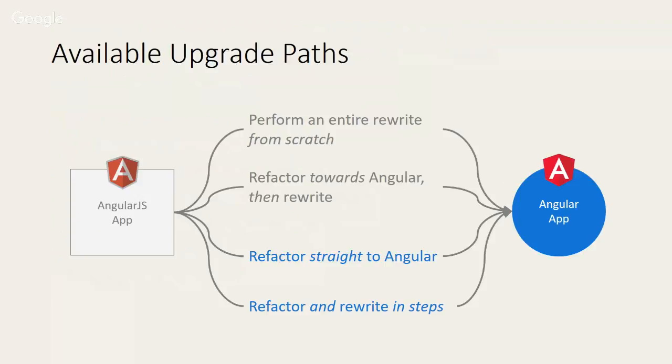And then the last option would be to refactor that existing AngularJS project and rewrite it in steps by introducing some Angular concepts and some Angular code into our existing AngularJS code base. So those last two paths are ones that we would have to use the ng-upgrade library to support, because that's what would allow us to run those two versions of the framework side by side.